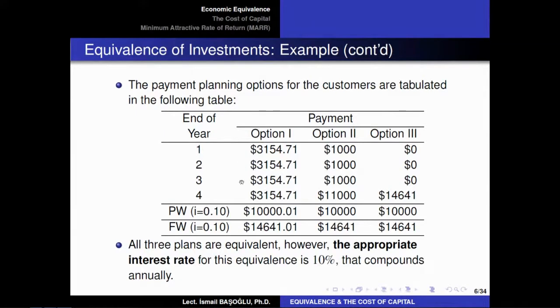is converted into the annual installments by a capital recovery factor. And these installments will become $3,154 in the first option. In the second option, in the first 3 years, the customer is only paying the accumulated interest, not the capital. The capital is $10,000, and each year it compounds with an interest of $1,000.